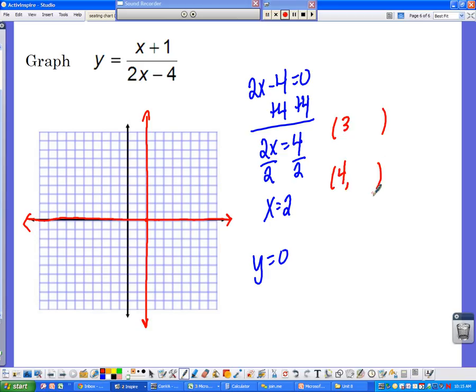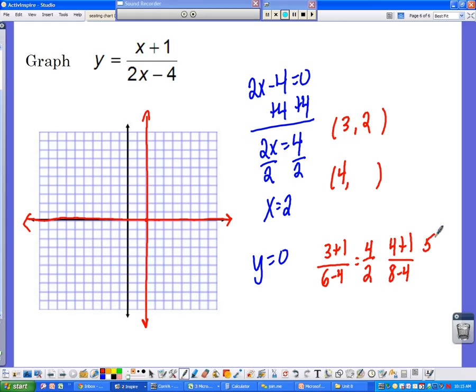Find our y value. So I get 3 plus 1 over 2 times 3, which is 6. So 6 minus 4. So 4 over 2, and that gives me 2. To do the 4, it's going to be 4 plus 1 over 2 times 4, which is 8. 8 minus 4.